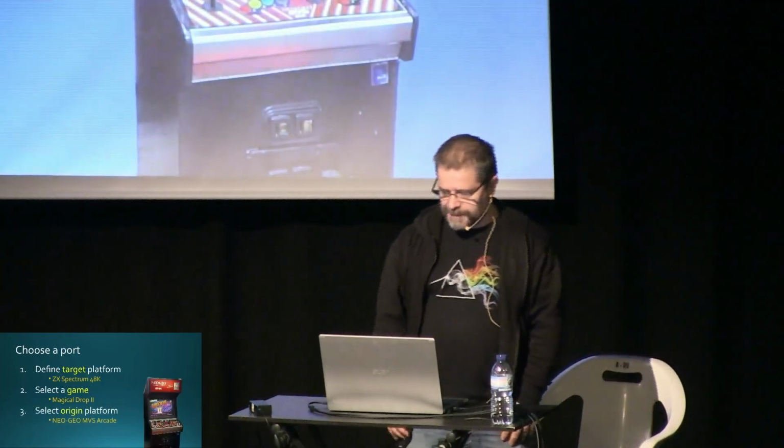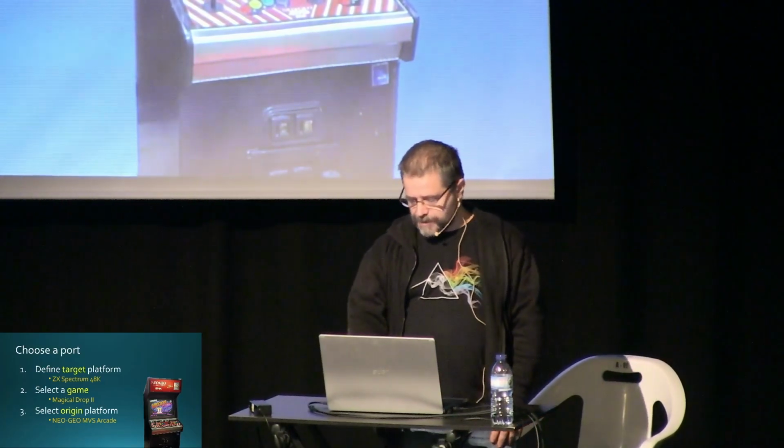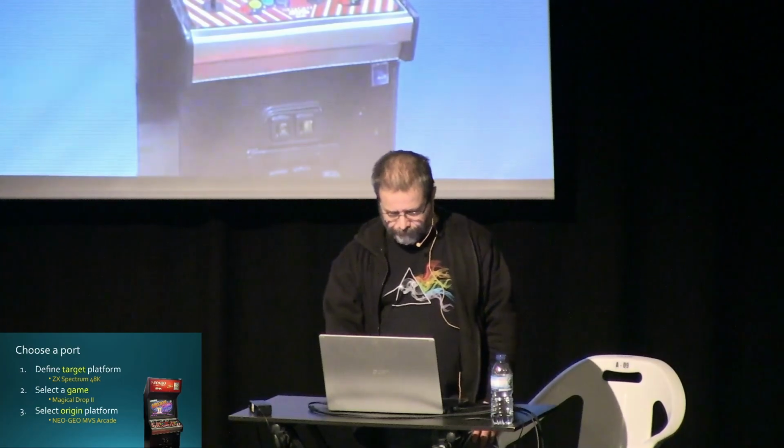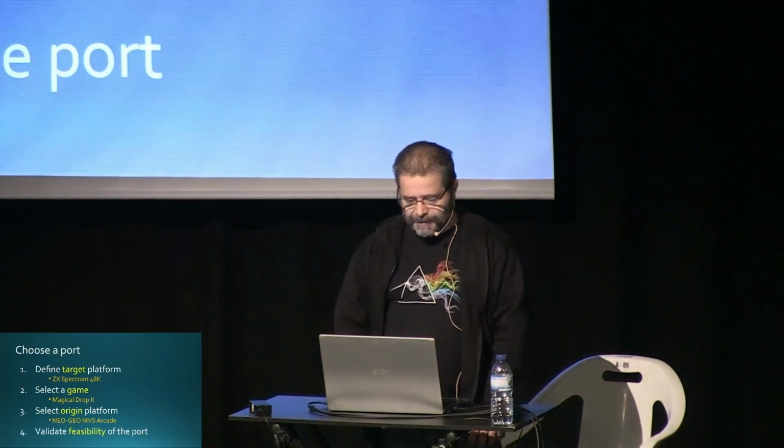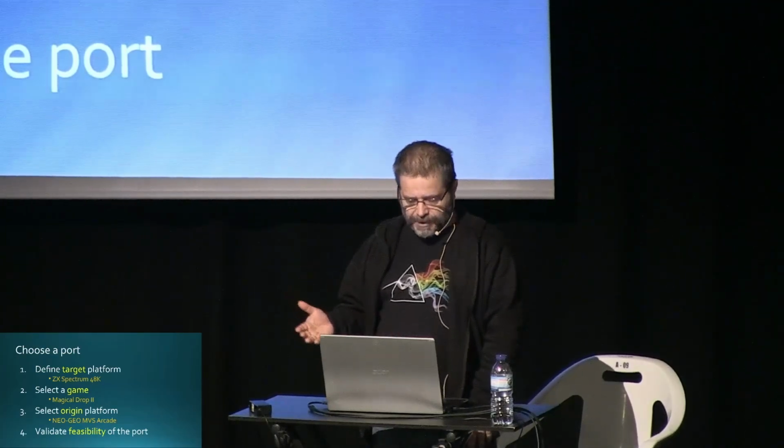And I chose specifically a source, which is our origin, which was from the Neo Geo specifically. And the fourth thing that you need to do is make sure that it's feasible to actually do the port because the machine might not be powerful enough to do it.